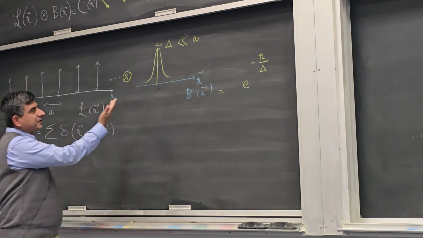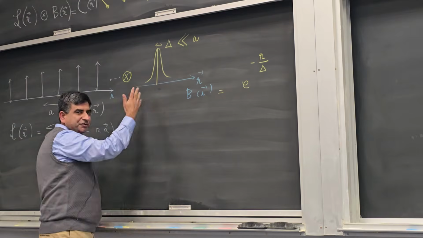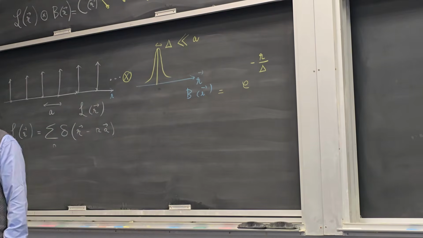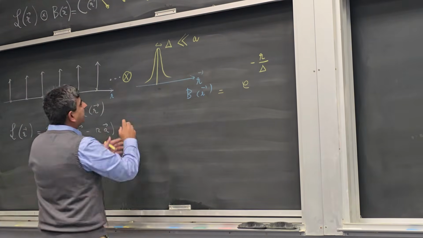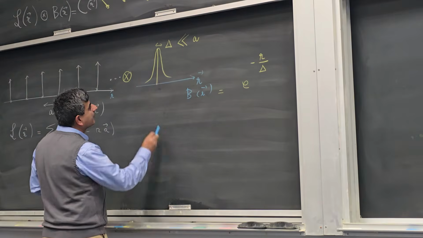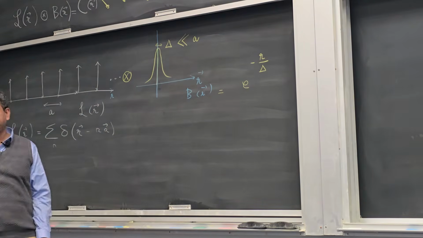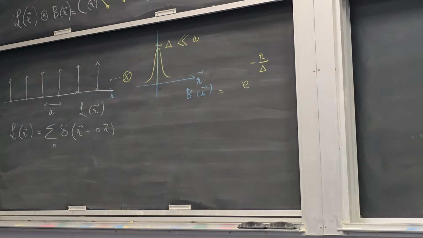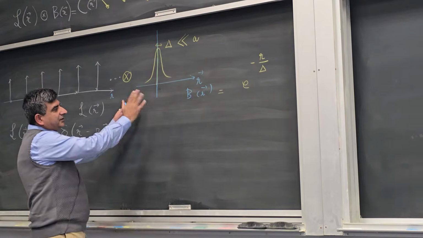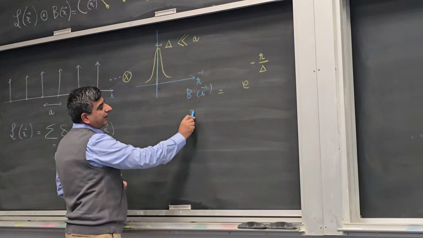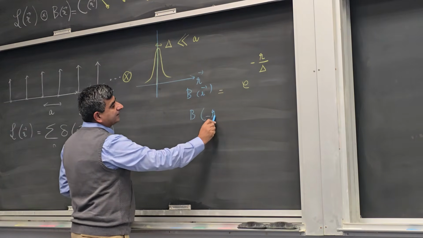Since it's a symmetric function, when I invert it the function remains invariant. If this were my mirror plane, if I invert this function, it remains unchanged because it's a symmetric Gaussian function. So instead of B(R), I would have B(minus R).